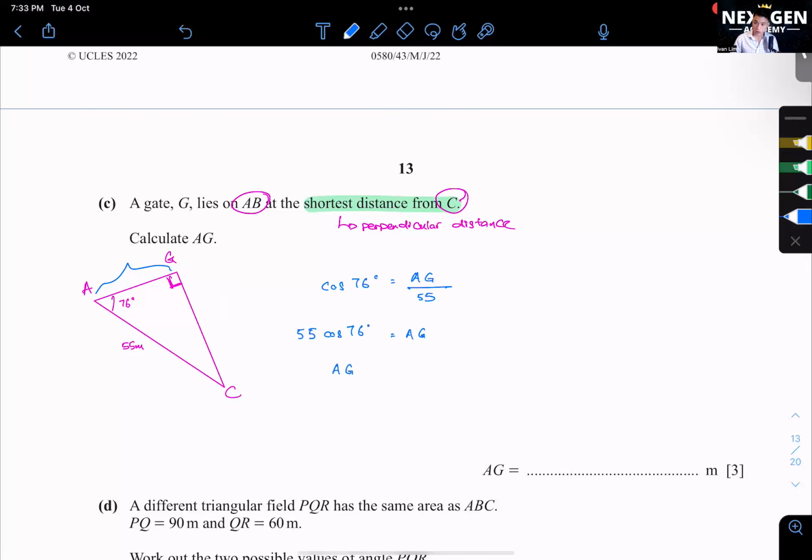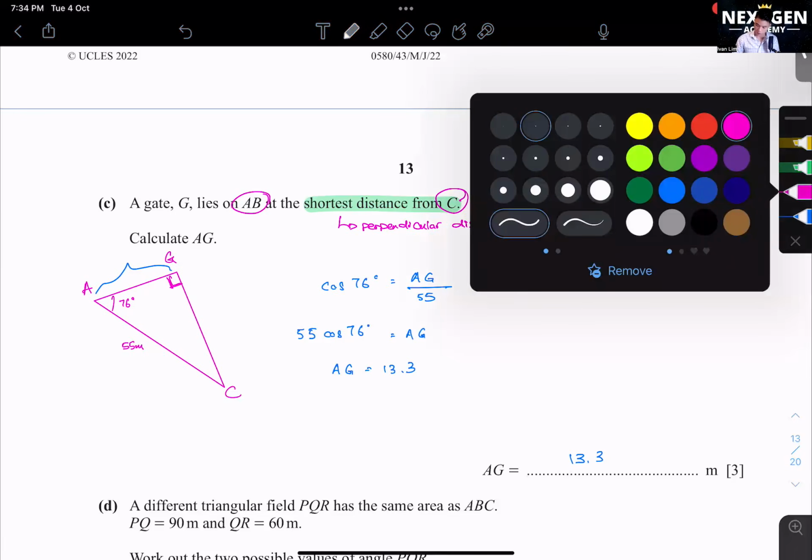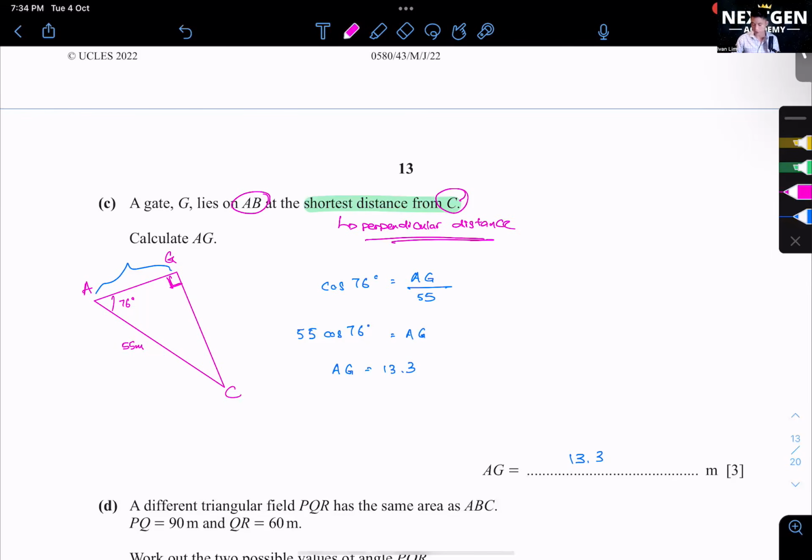So AG, why cos? Angle here, adjacent, hypotenuse. Okay, adjacent and hypotenuse. So this one, 13.3. Okay, they're just stating the fact of what G is: G lies on AB, which is the shortest distance from C. Whenever you see this sentence, you have to think about perpendicular distance.